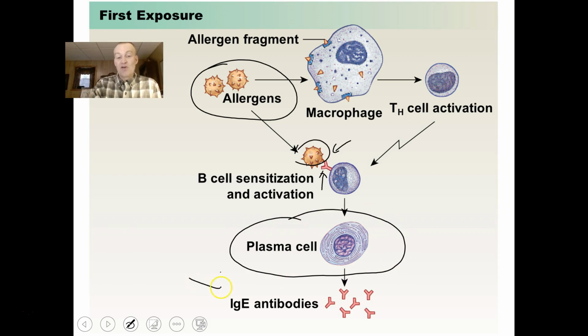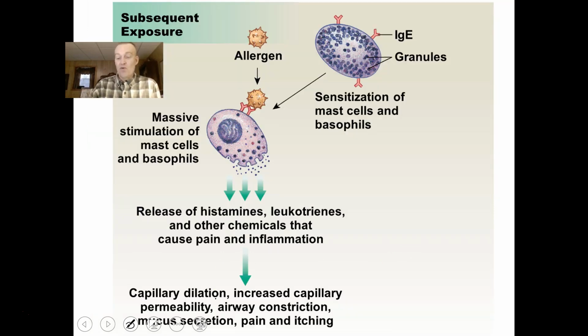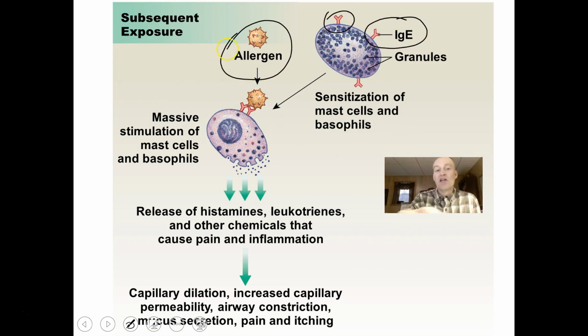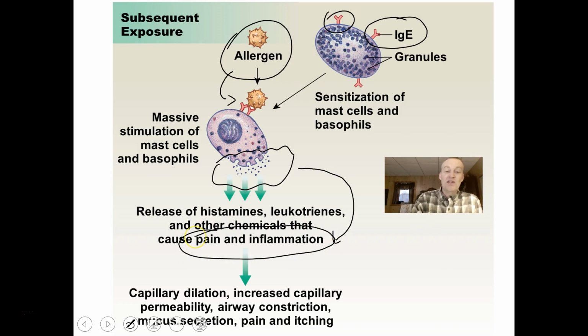Plasma cells will form, and IgE antibodies will form. Those antibodies will be placed upon mast cells and basophils, and when the allergen comes into your body again, those antibodies stuck there stimulate mast cells and basophils to release huge quantities of histamines, leukotrienes, and prostaglandins. It causes pain and inflammation, and all those signs and symptoms of allergies.